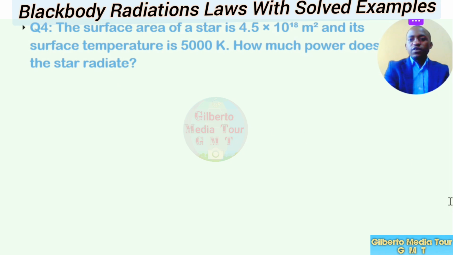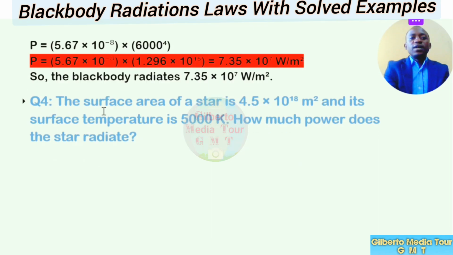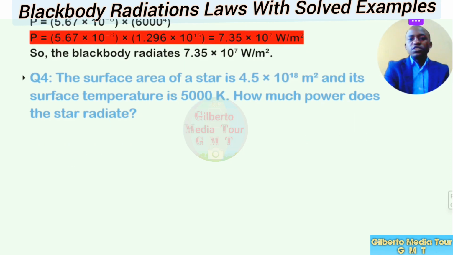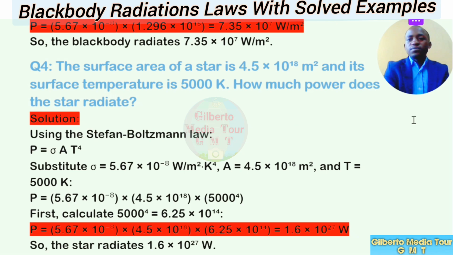Now let's end by looking at this question related to Stefan Boltzmann law. The surface area of a star is 4.5 times 10 to the power 18 square meters, and its surface temperature is 5000 Kelvin. How much power does the star radiate? It's the same strategy. This is the area of the body. This is the surface temperature of the star.